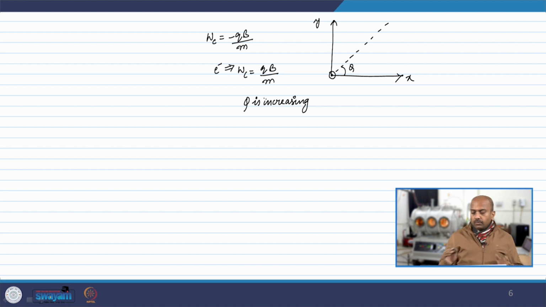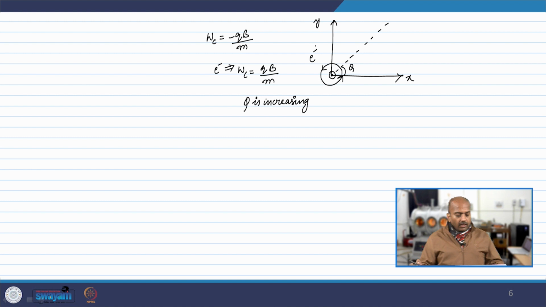Just remember, you draw this coordinate system, and if it is a negative charge particle, the rotation will be such that the value of phi is increasing, right? So what I have drawn is the particle is rotating like this, where the angle phi is increasing as the particle goes, right? So this is valid for an electron. That means increasing phi will be the sense of rotation for an electron, right?